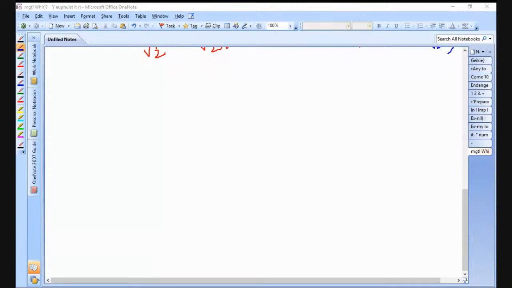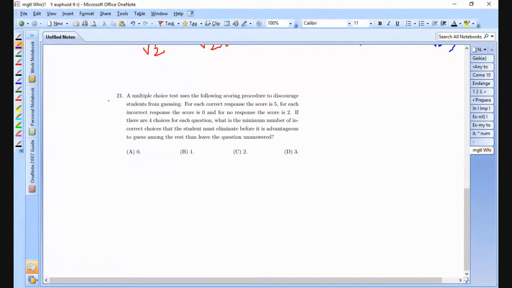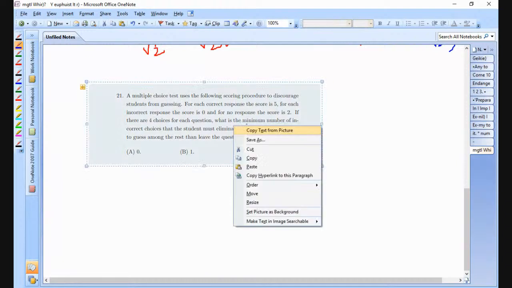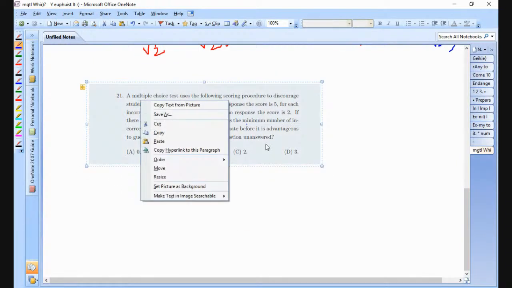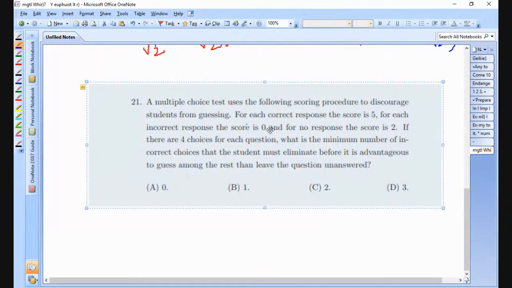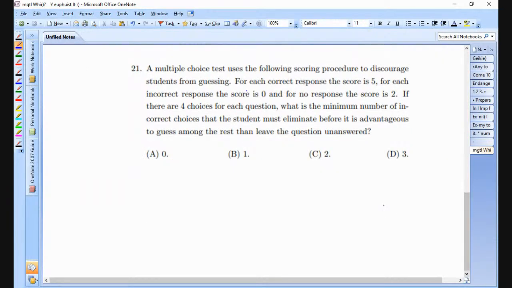Let me copy and paste the problem over here. 21 problem says the following, that a multiple choice test uses the following scoring procedure to discourage the students from guessing.